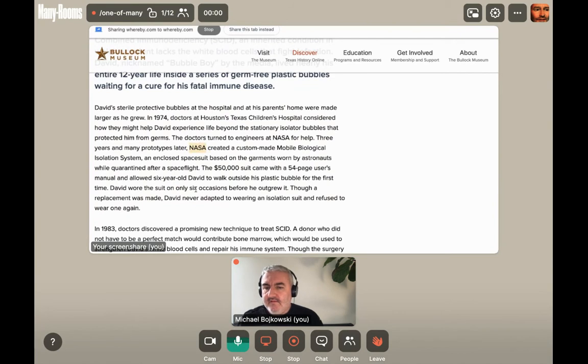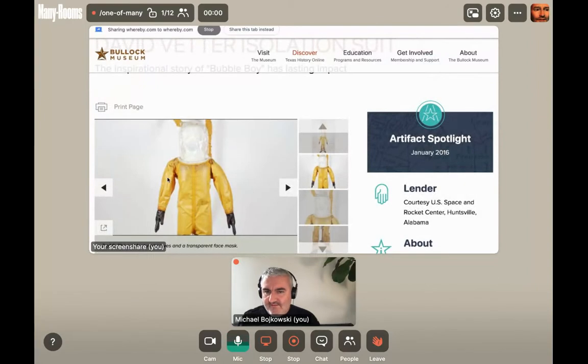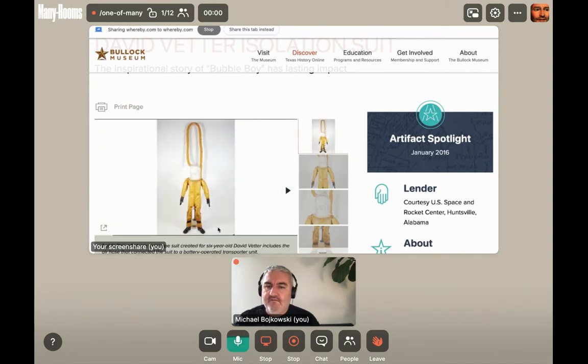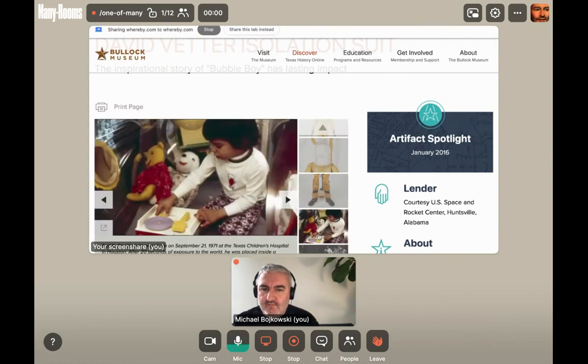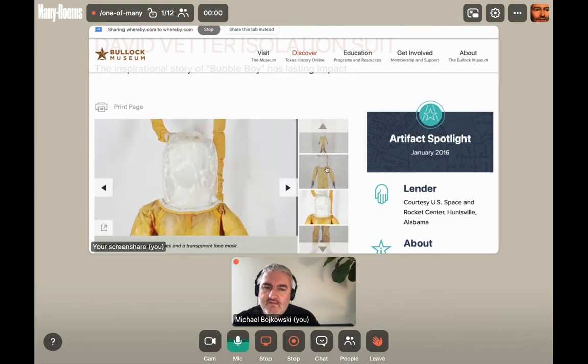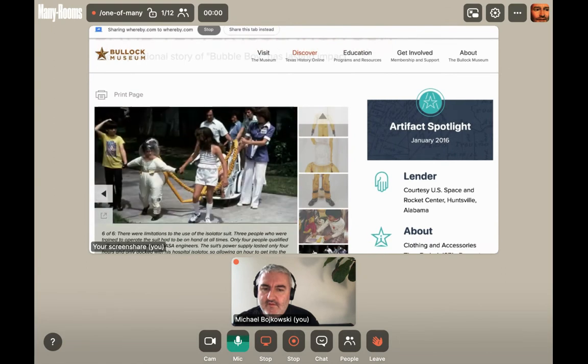So NASA decided this was also an opportunity for them to experiment with various ways of keeping the body safe from germs and secluded from external environments. So they built him an experimental suit. All this stuff costs loads of money, but there it is. It was inflatable. Most of his existence.